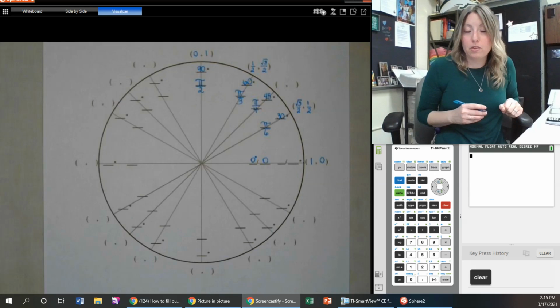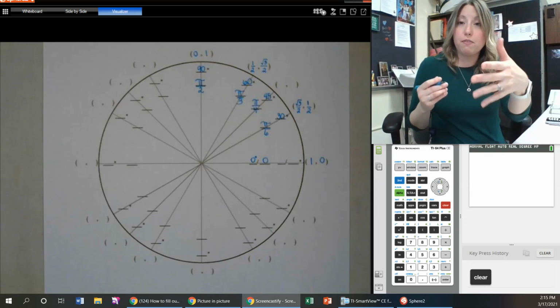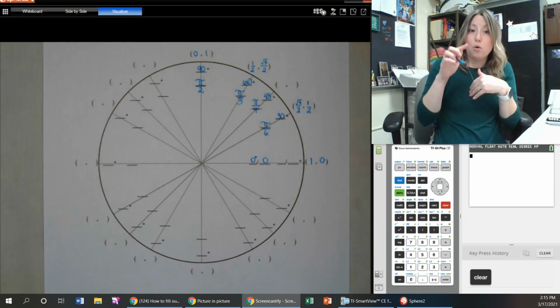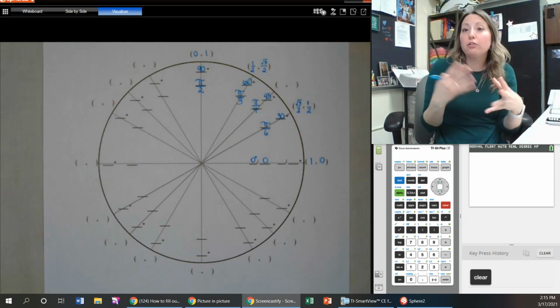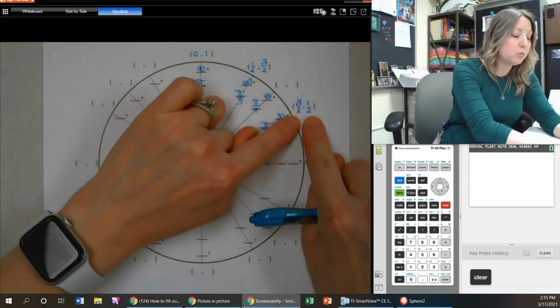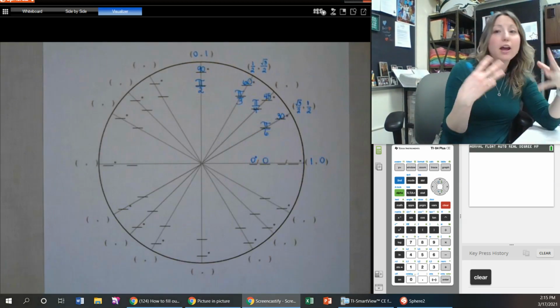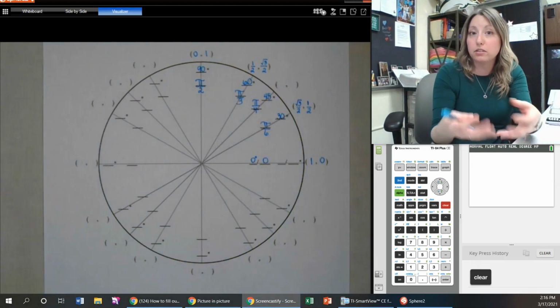Okay. Now, the 45 is the easy one because in 45, 45, 90 right triangles, it's always 1, 1, radical 2. So you have to rationalize it because your hypotenuse is radical 2, right? Our hypotenuse here was 2, so we didn't have to worry about rationalizing these fractions. They come naturally rationalized.